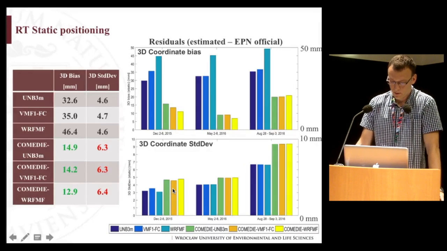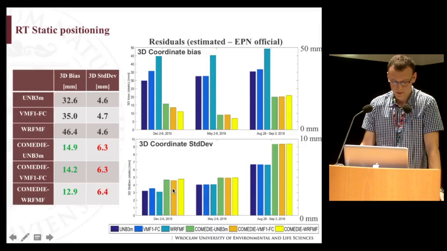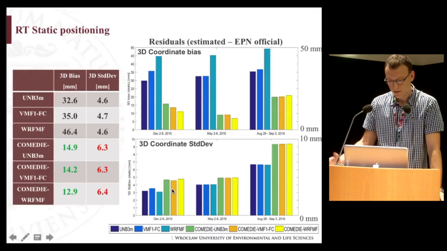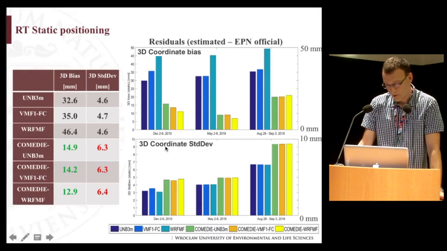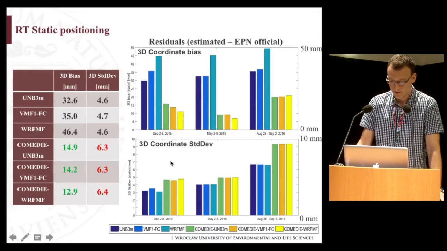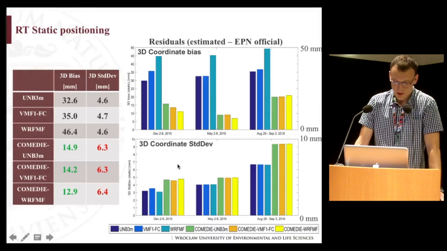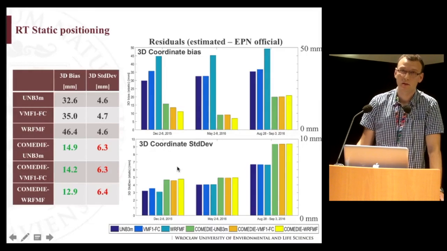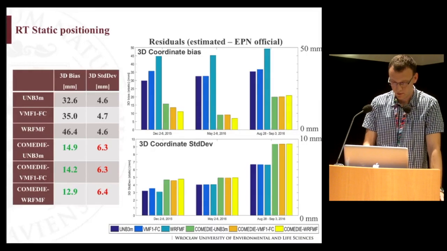And the major difference here was observed for the up component. Here you can see the 3D results, but mainly the change is in the up component, while for horizontal coordinates, the differences are very small. And I think that the gain of having much more accurate coordinates exceeds the loss of slightly worse coordinate repeatability. Of course, it depends maybe on the application.